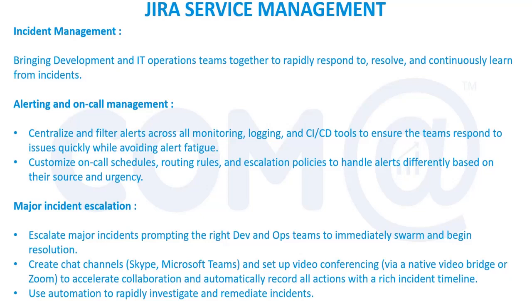Once the alert is triggered, the ticket will be created immediately and assigned to the specific tower. Server related tickets will go to the server tower, and network related tickets will go to the network tower. That is how it is designed based on the CI. CI is nothing but configuration item. So server is a configuration item, and network routers and switches are configuration items. So it will get assigned to a specific person.